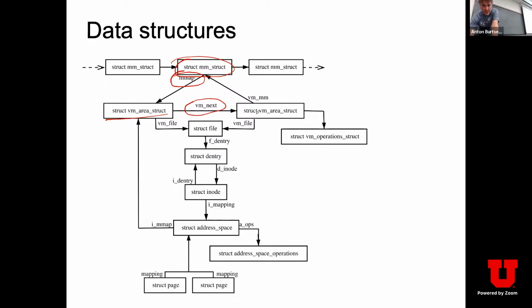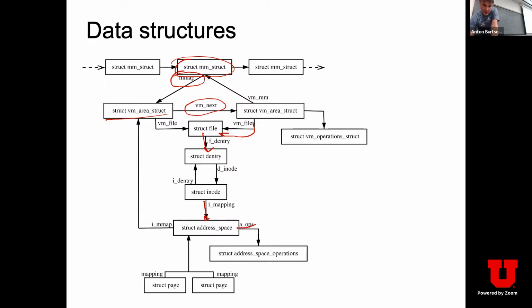And so there are enough data structures here. This vm_area_struct will have a pointer to a file data structure, which will have a pointer to a struct directory entry, then later to the struct inode. And this inode will point to something called a struct address_space.